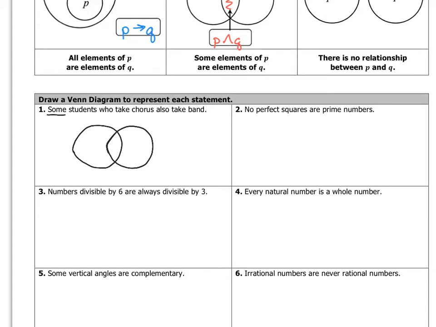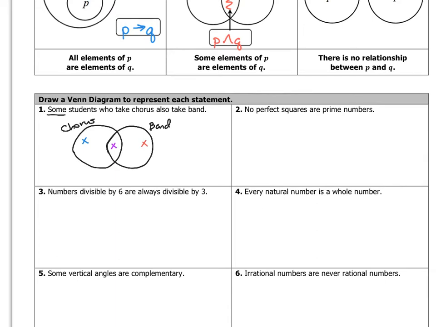One of the circles is going to represent the students who take chorus, and then the other circle will represent the students who take band. So notice that if you fall in this region here, you're a student who only takes chorus. If you fall in this region here, you're a student who only takes band. But if you fall in the middle where that overlap is, you take both chorus and band.